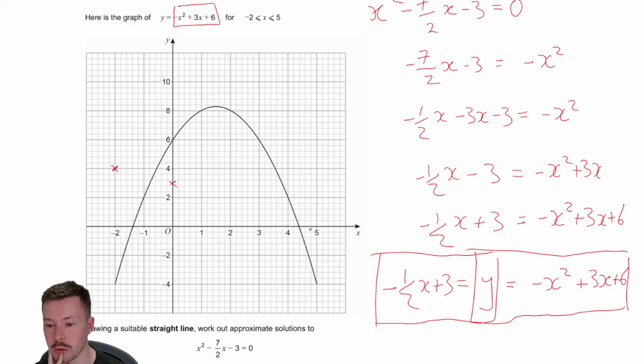And what I would probably do, to be honest, is, well, you can't use a table function, it's on paper 1, so just use your endpoints. We need to go from 5 and minus 2. Minus a half times 5 is minus 2.5, add 3 should be a half. Let's put 4 in, that will give us a nicer number. 4 times minus a half is minus 2, add 3 is 1.